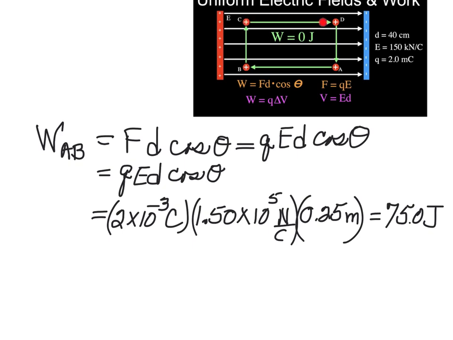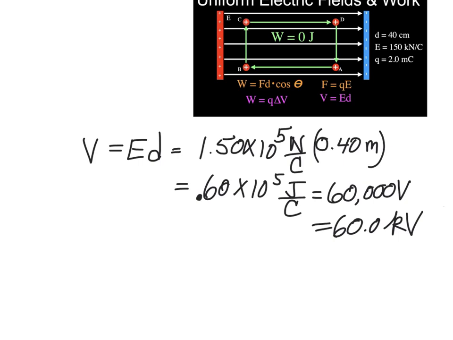A negative work is done on me when it moves this way, and then a work of 0 there. And so, as expected, if you go from a position through 4 steps and come back to the same position, the net displacement and the net work is 0. So 75, 0, negative 75, and 0 add to 0.